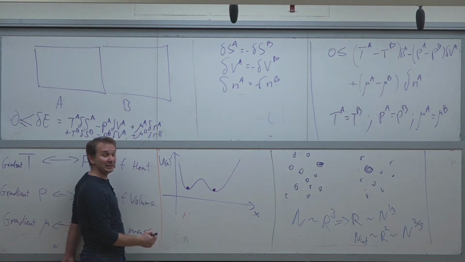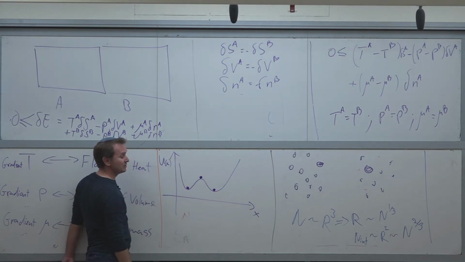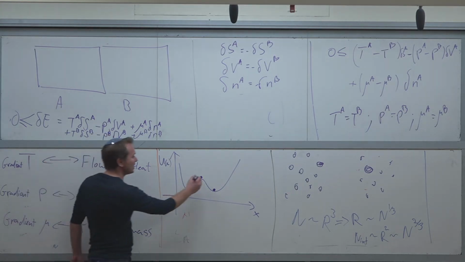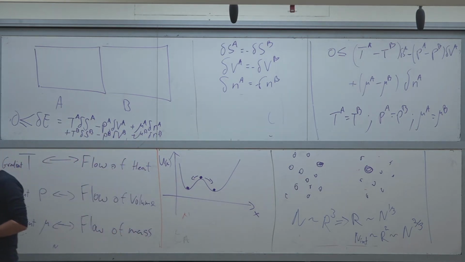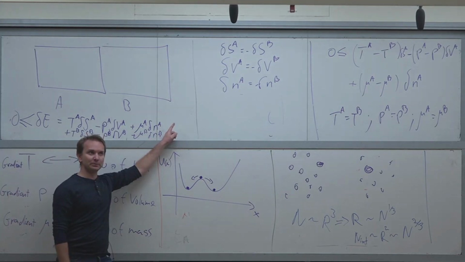Stable fixed point. But if I put my ball on the top of this maxima over here, it's not stable. It will run away. If I push it a little bit, it will run either to this side or to that side, and it won't come back if it loses a little bit of energy on its way. So the same goes for my equilibrium.